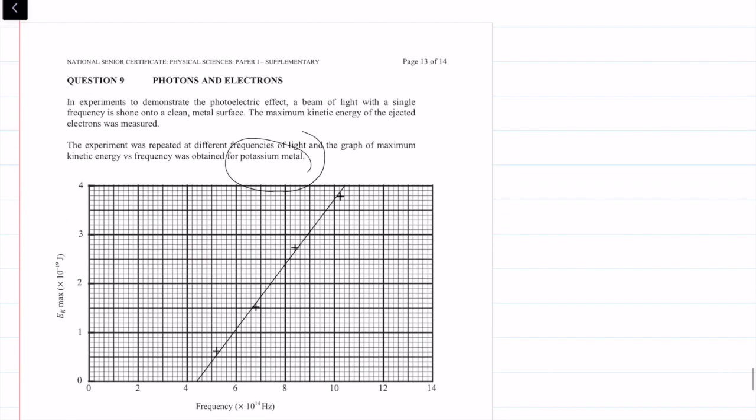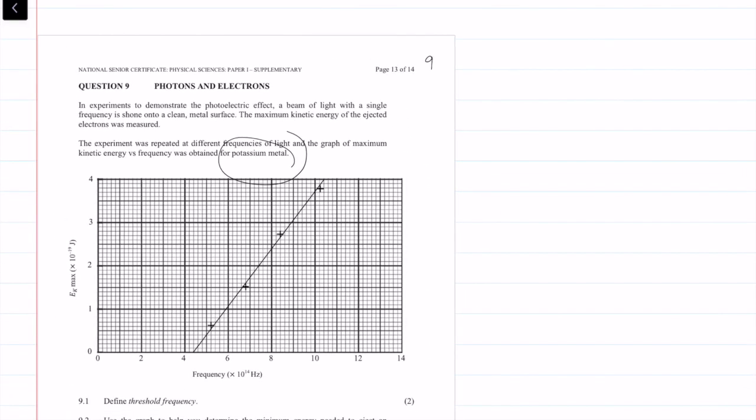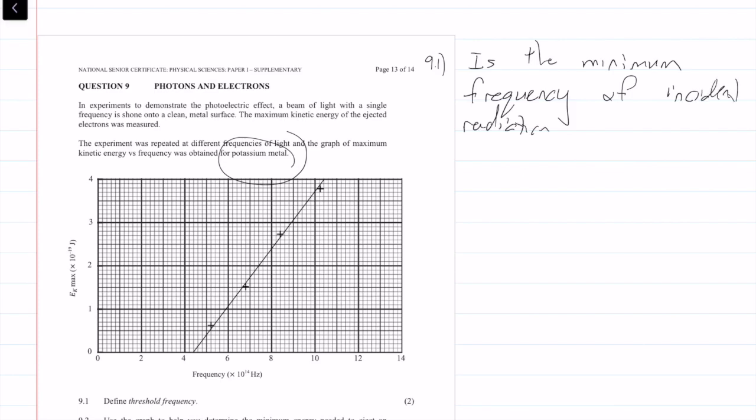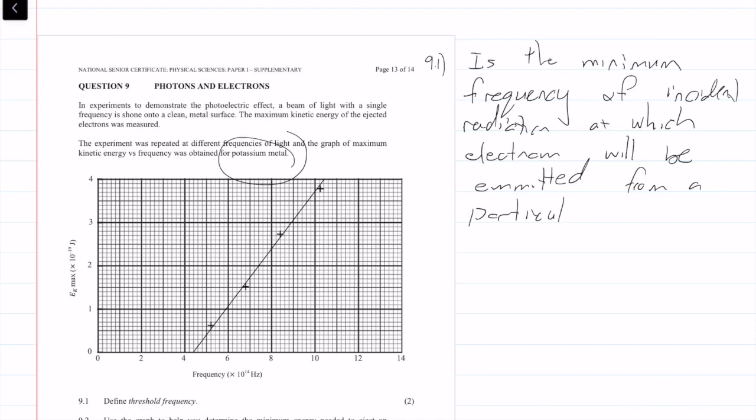First of all we have a definition. It says define the threshold frequency. The threshold frequency is the minimum frequency of incident radiation at which electrons will be emitted from a particular metal.